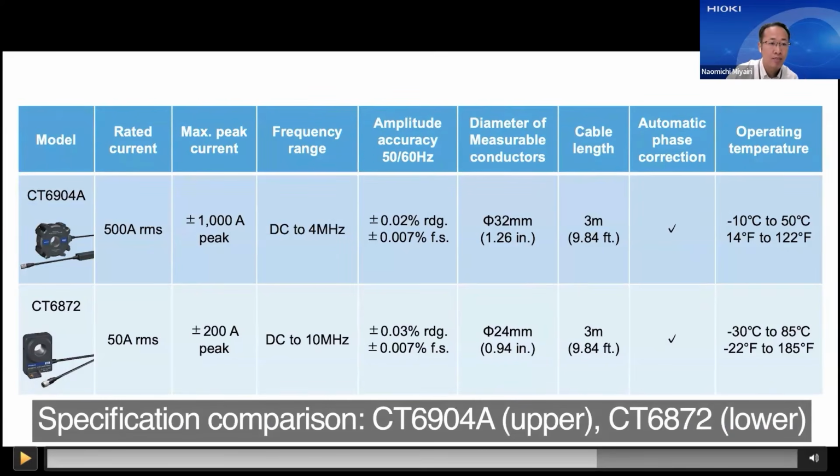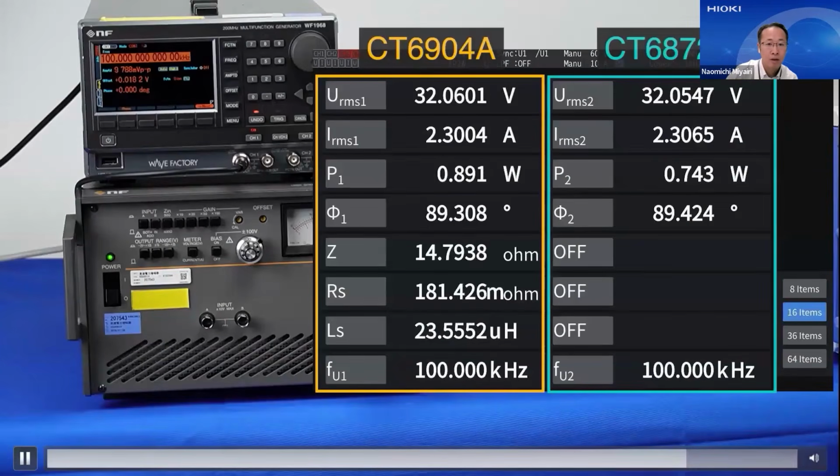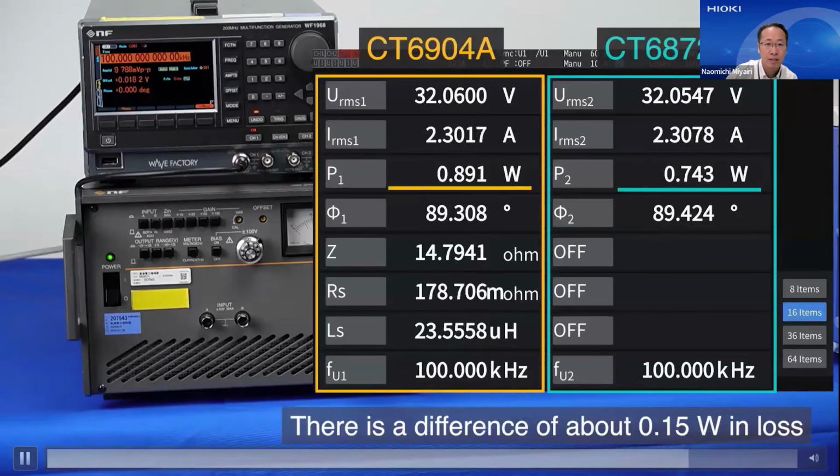And the CT6872 is a 50 amp current sensor, and frequency ranges from DC to 10 megahertz. Let's see what's happening. This is the CT6904A values and CT6872 values. So you can see a very small difference.